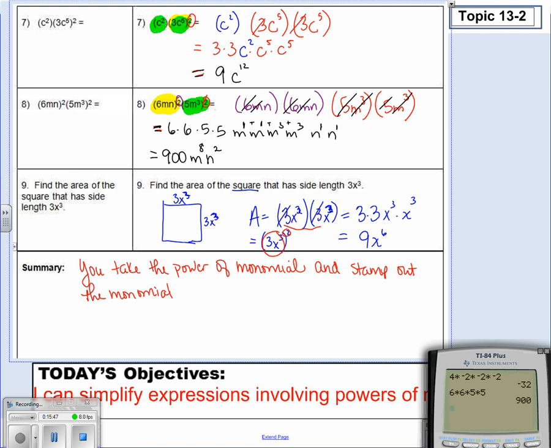Then we used our properties of multiplying monomials to simplify the expression.